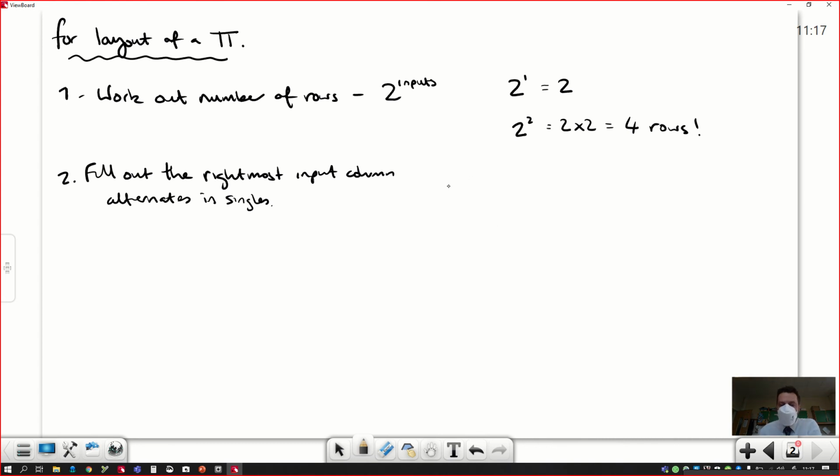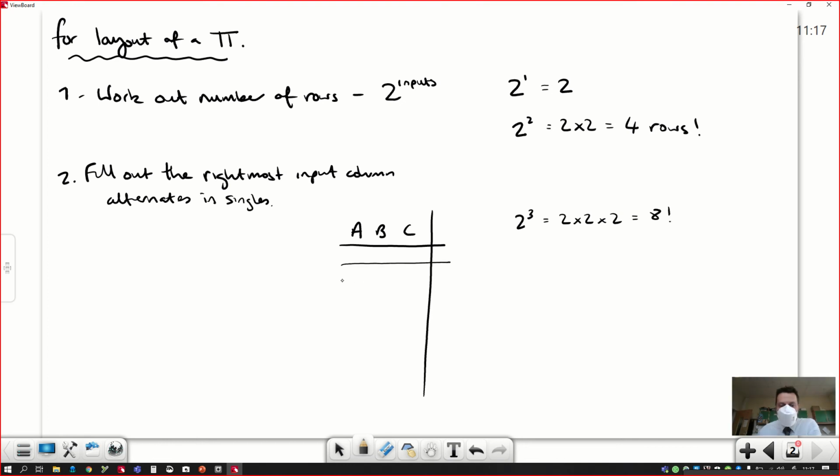So what I mean is, let's say we've got A, B and C as our inputs. How many rows is that going to have? 2 to the power 3. 2 times 2 times 2 equals 8. It's going to be 8 rows. So there's 1, 2, 3, 4, 5, 6, 7, 8.